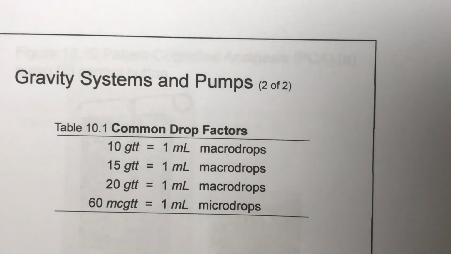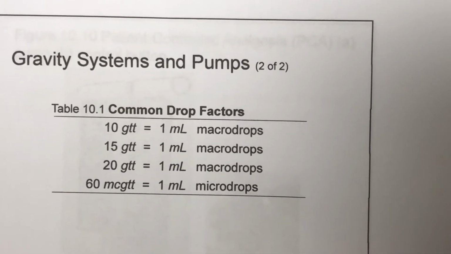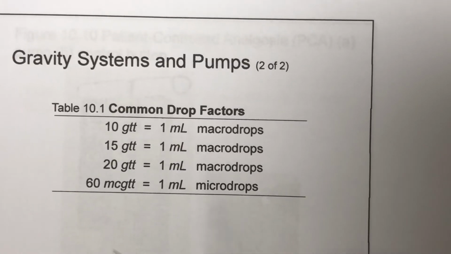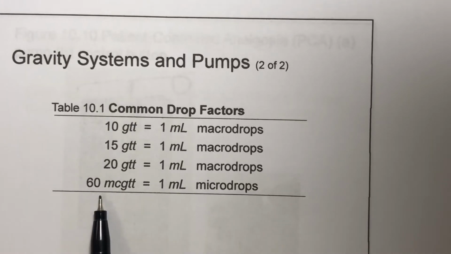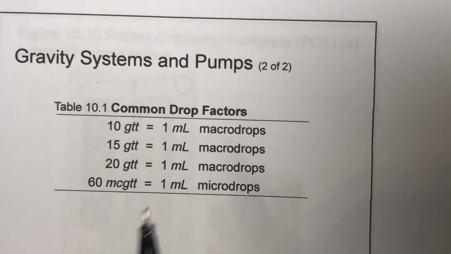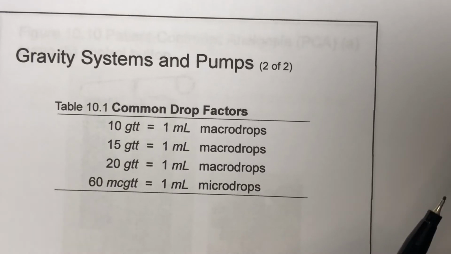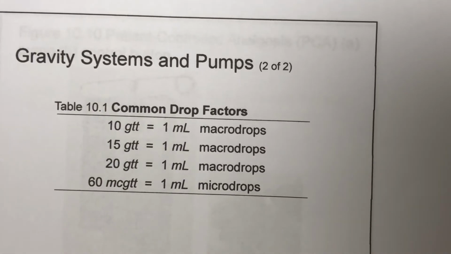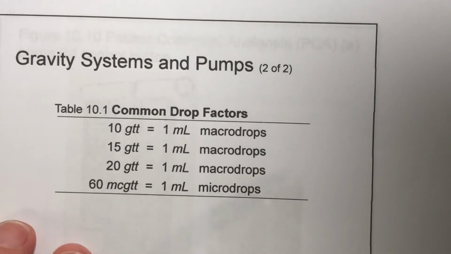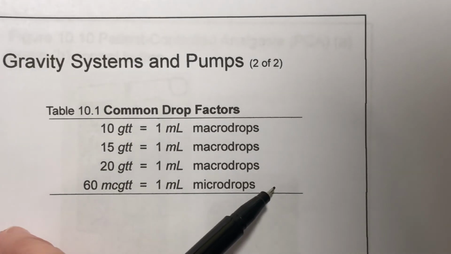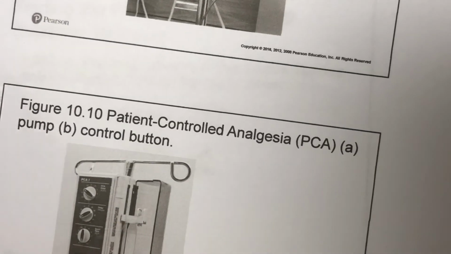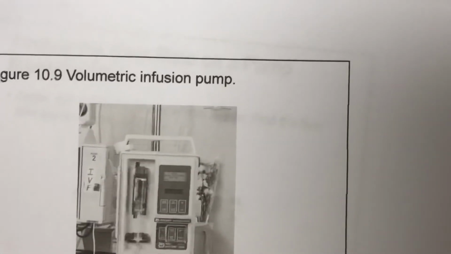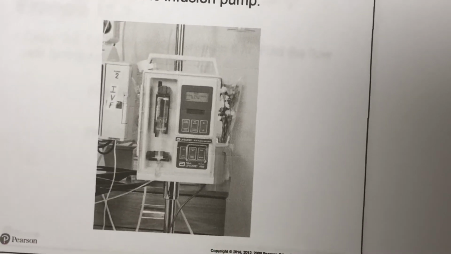Some gravity systems and pumps, these are common drop factors. You're often going to see 10 to 1, 15 to 1, 20 to 1, and then here you have 60 micro drops per milliliter. Next we have a picture of an infusion pump, which regulates how fast the drips go.